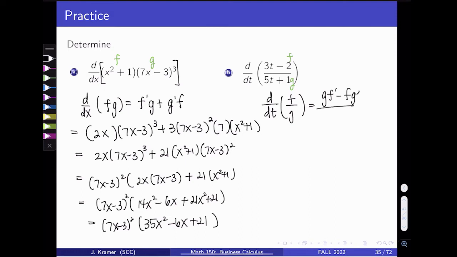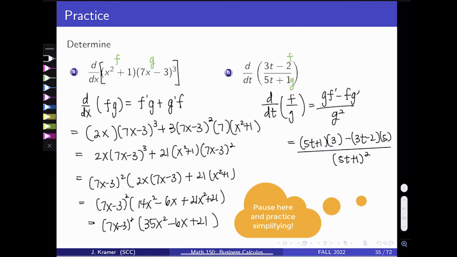So that's going to be our goal, to take the derivative of this function, starting with g times f prime. So g is 5t plus 1, f prime is 3, minus f, which is 3t minus 2, times g prime, which is 5, and then all divided by the denominator squared, which will be 5t plus 1 squared. That's applying the quotient rule.